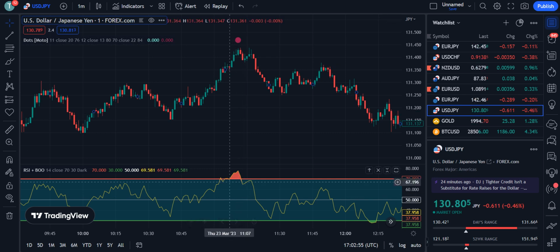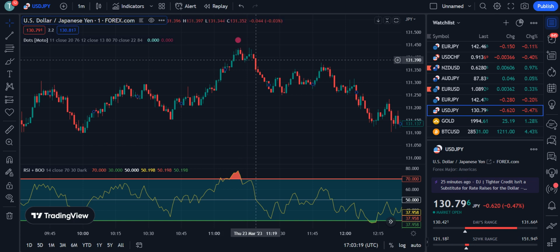By looking at the RSI plus backlight overbought or oversold level, this also shows us that the market has gone into the overbought level. So the market has to take a trend reversal, and it will go into the downward trend. So we have to take the entry for a sell signal.